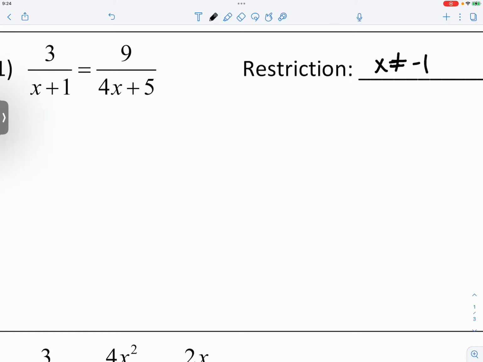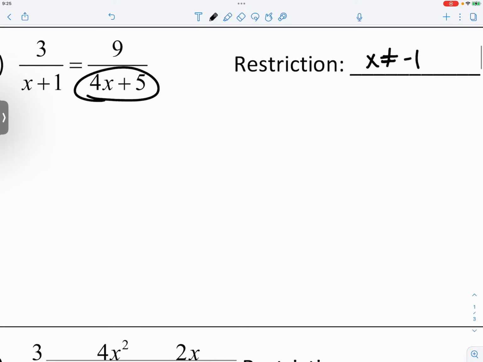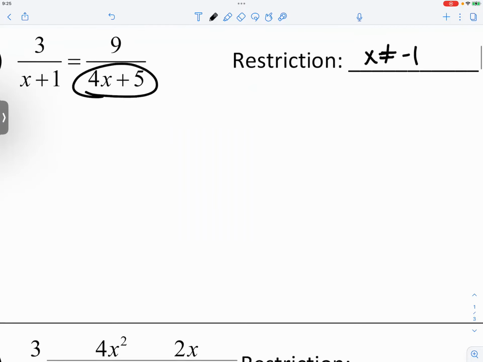And then we look at the second fraction right here. What can't x be? Now this one is relatively more complicated than this one, right? So what you can do is simply ask the same question. What can't x be? Well, 4x plus 5 cannot be 0. So just like how you do equations, you get x by itself.